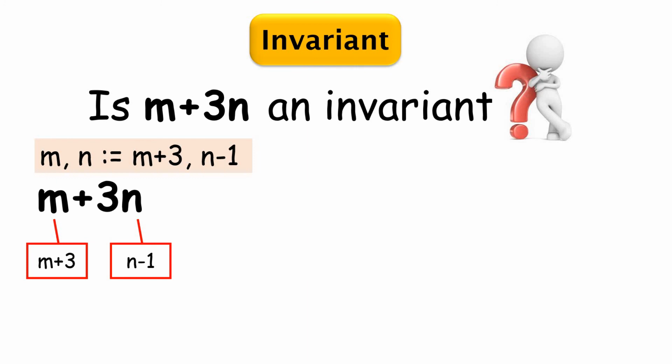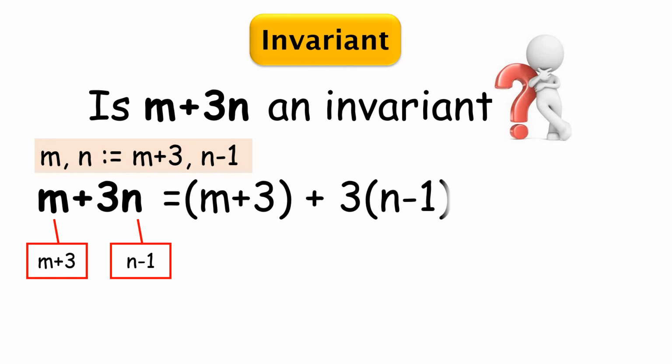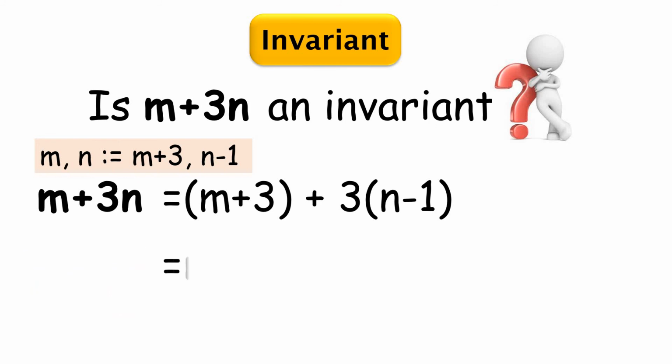m + 3n = (m + 3) + 3(n - 1), which is equal to m + 3 + 3n - 3. Cancel plus 3 and minus 3.